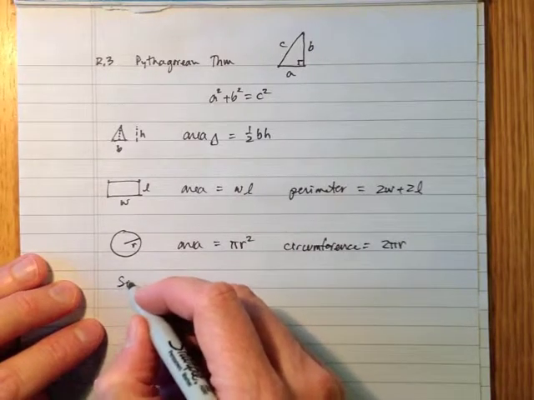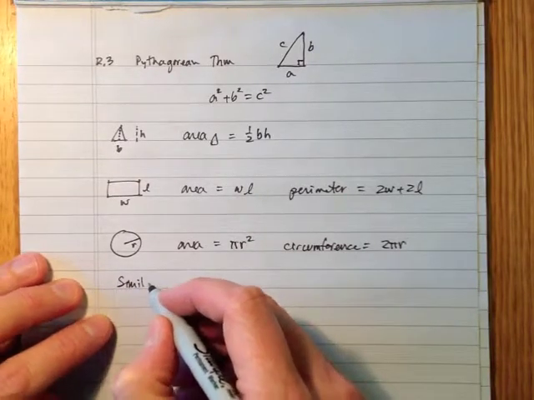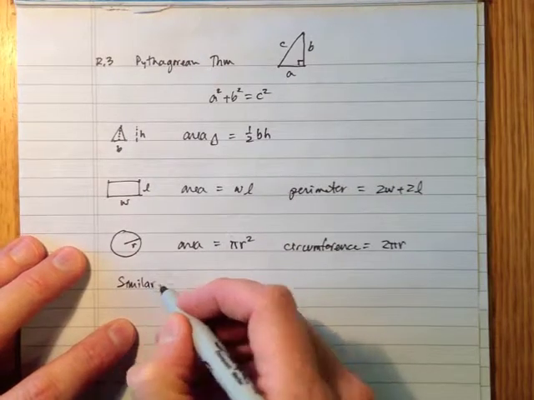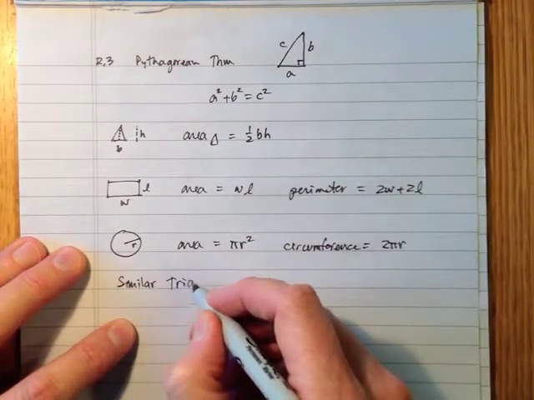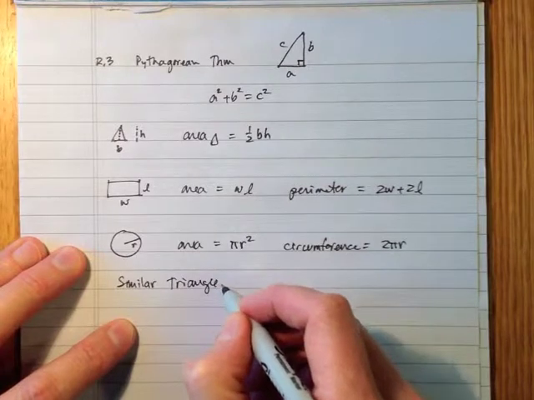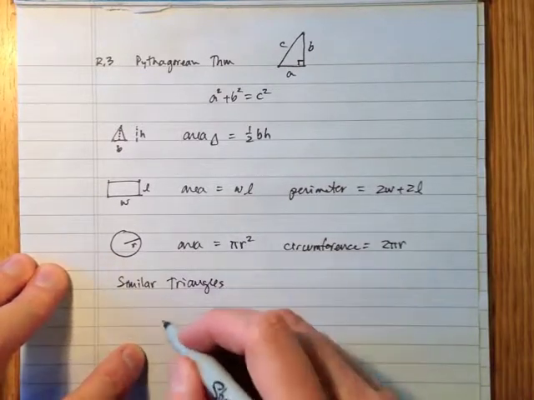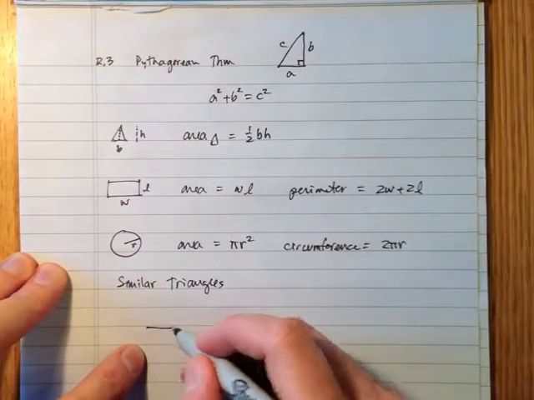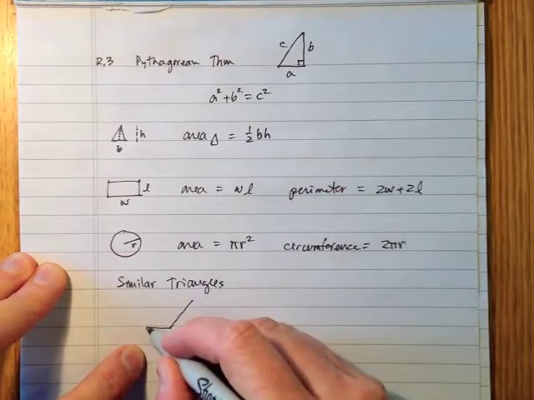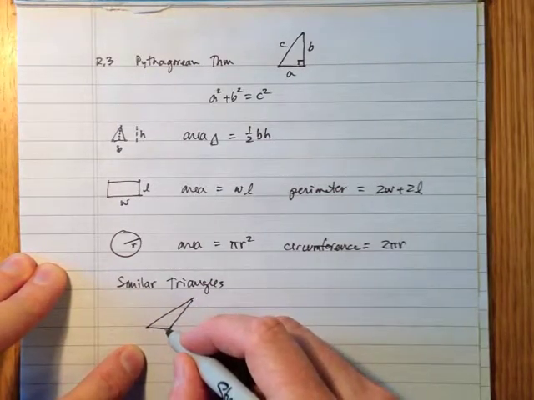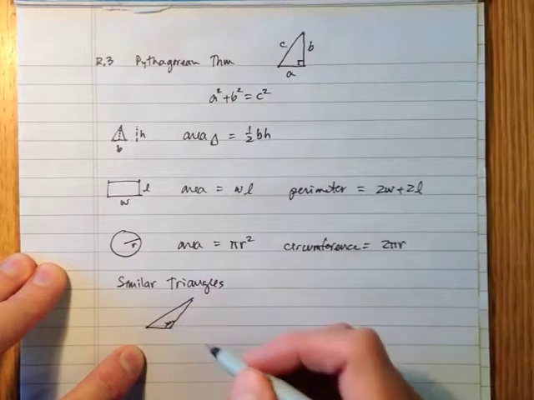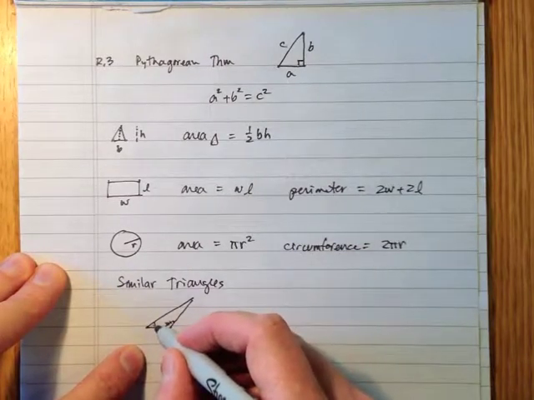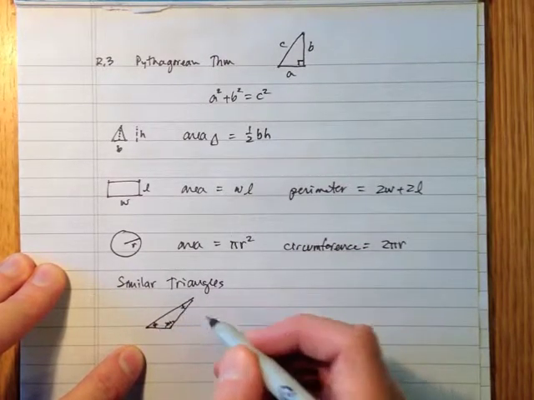Then the last thing that comes up a lot in geometry story problems in an algebra class are similar triangles. Two triangles are similar if they have the same three angles. Let's say like this angle, I'll call that triple slash, and this one I'll call double slash, and this one I'll call slash.